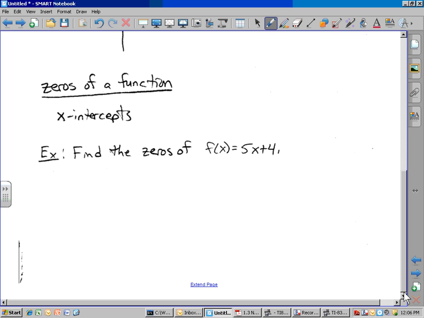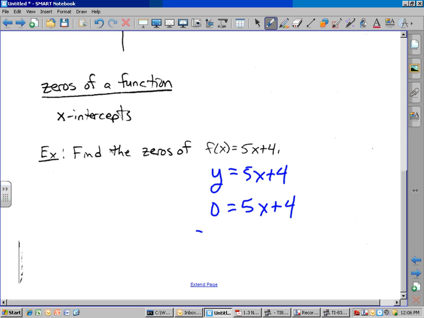Is there a y? Because in function notation, f of x represents y. So we're going to make f of x equal 0, or rewrite it as y first, and then set y equals 0. Same thing. Either way, 0 equals 5x plus 4.